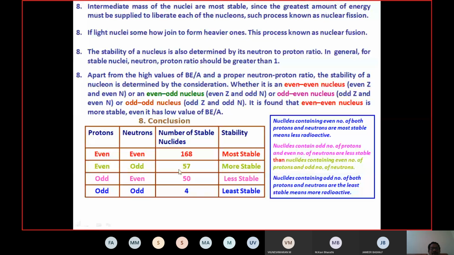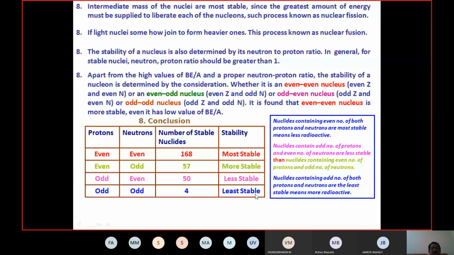Then 57 nuclides have even protons and odd neutrons, which is stable. 50 nuclides have odd protons and even neutrons, which is less stable. Only 4 nuclides have odd protons and odd neutrons, which is less stable.